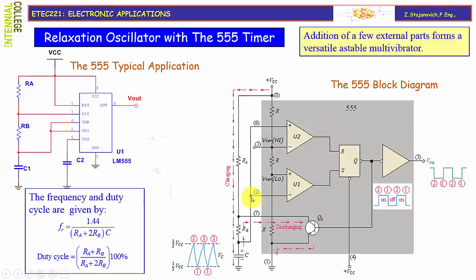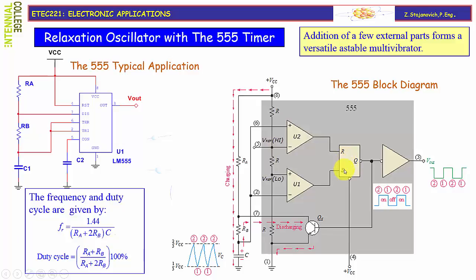However, if this voltage drops below the value of Vref low, then the bottom comparator U1 goes high and sets the flip-flop. So you can say that those comparators will set or reset the flip-flop depending on the instantaneous value of the capacitor voltage.